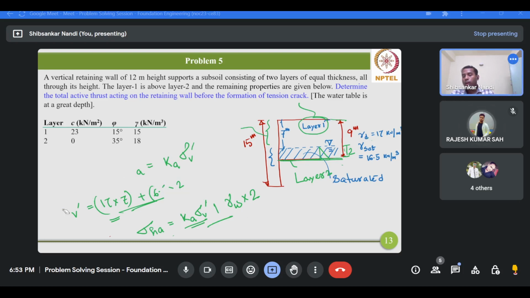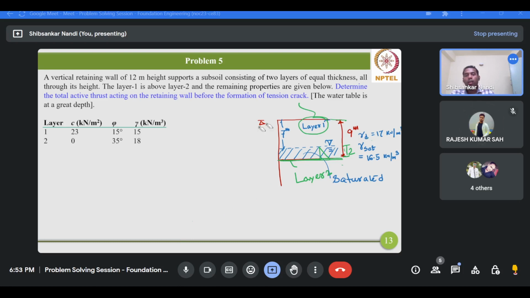Okay, so now may I solve this problem, problem 5? Yes, sir. Okay. So in this problem also two layers are involved.